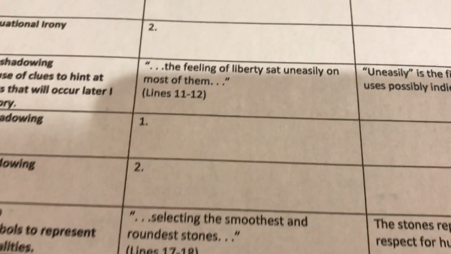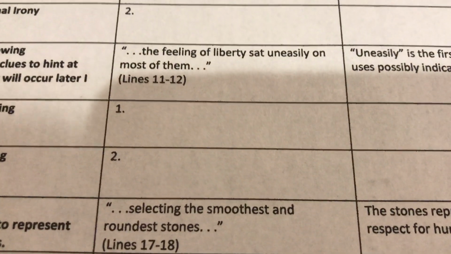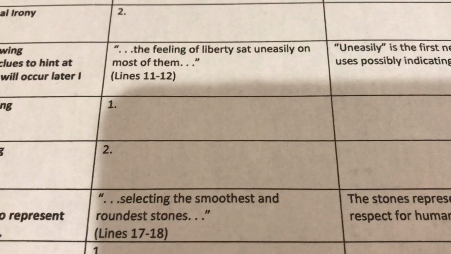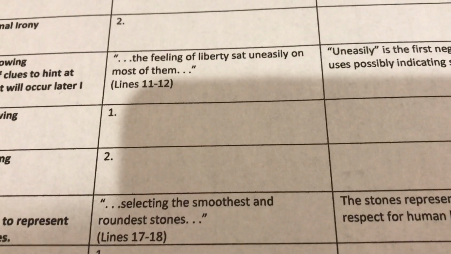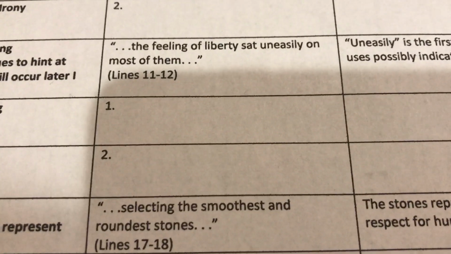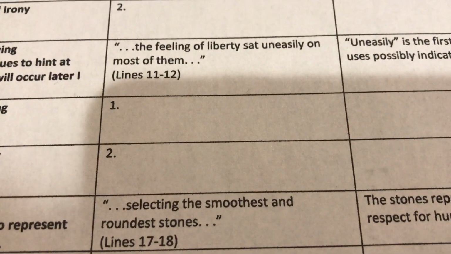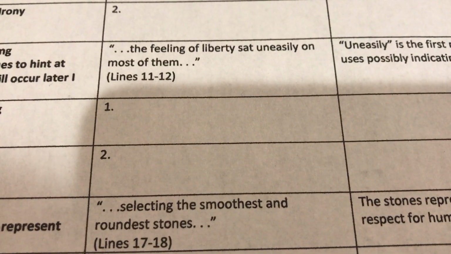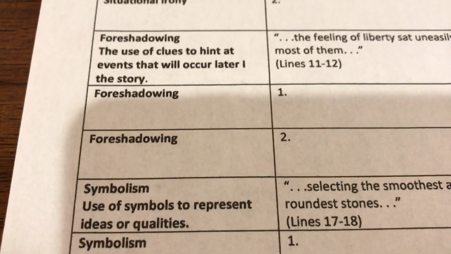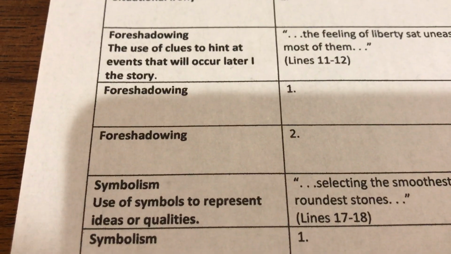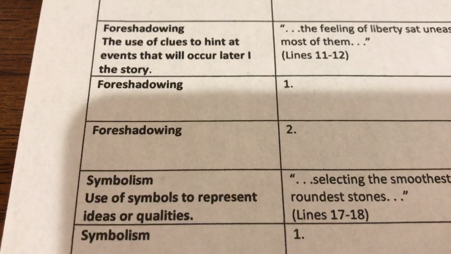So you're looking for things like that where there's a statement, but there's 1 word or 2 words in there that indicate to you that not everything is all right. Like something may be happening soon that is making them feel worried or concerned, and it shows that in the word uneasily.